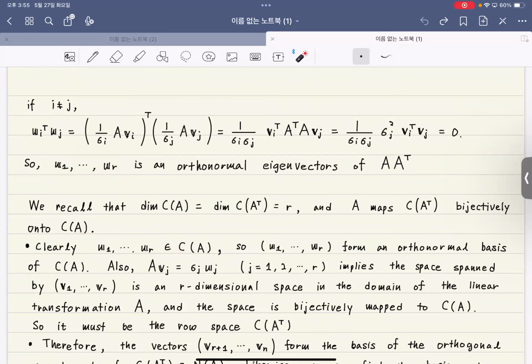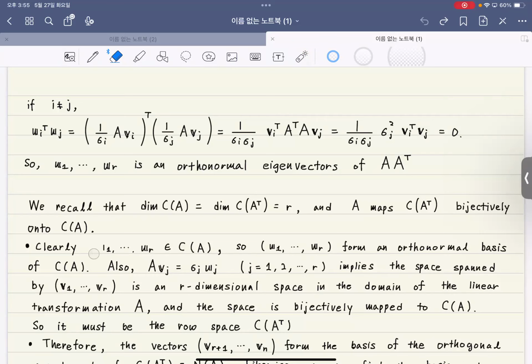Why? What is the definition? Well, what is the column space? The column space is the image of the linear transformation A, right? A can be considered as a linear transformation from Rn to Rm. You take the image of the domain Rn in the codomain Rm, and this image should be understood as the column space.